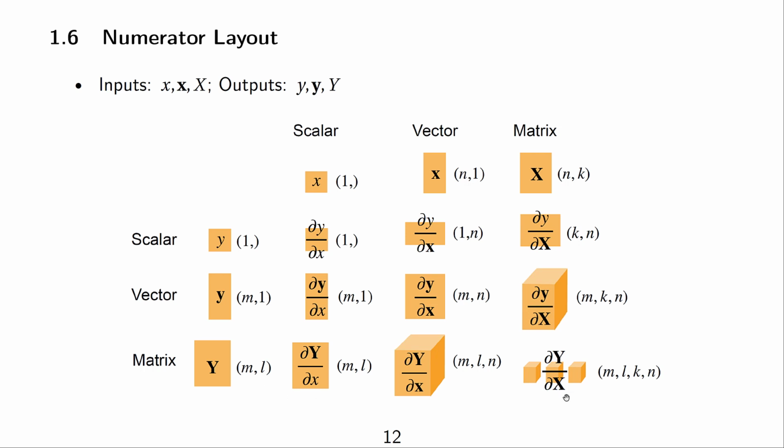In this case, the derivative will be a rank 4 tensor with dimensions m, l, k, and n. That means we will have m times l times k times n values.